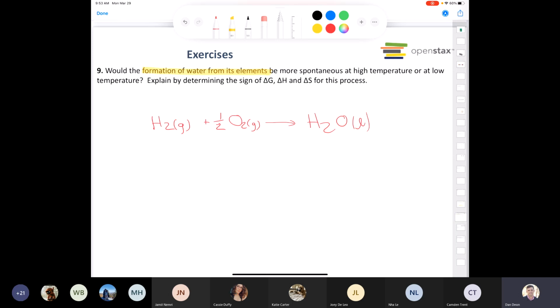Does this reaction consume heat or release heat? When you take hydrogen and you combine it with oxygen and you make water, am I generating heat or absorbing heat? What do you think based on your intuition, based on your knowledge of chemistry at this point? Does anybody have an idea?